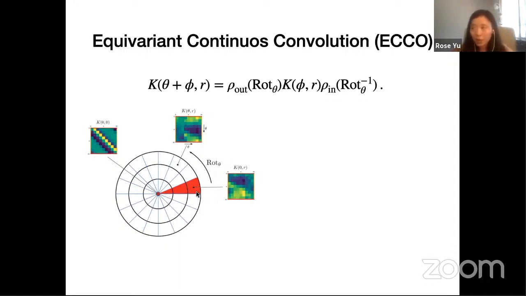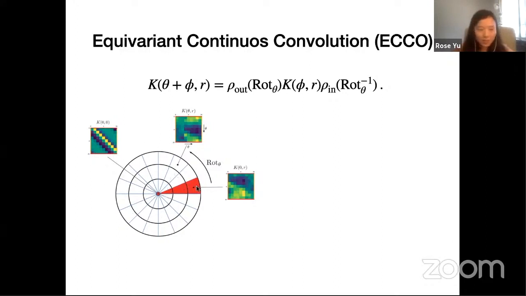As you can see here, for every little, like I call it, pizza slice, we have a tiny matrix, which is this kernel at 0 angle and r radius. So we rotate the parameters of this kernel along the radius, corresponding to the shifting rule of the matrix entries.